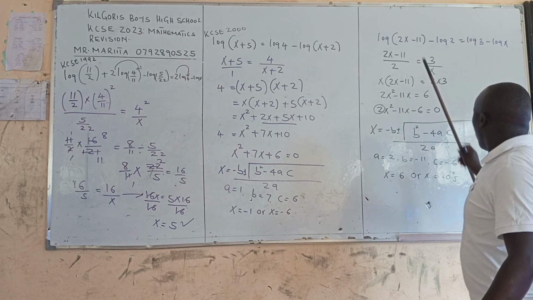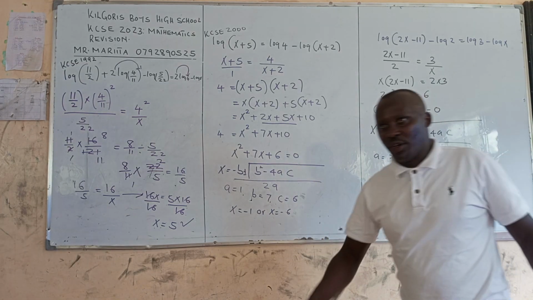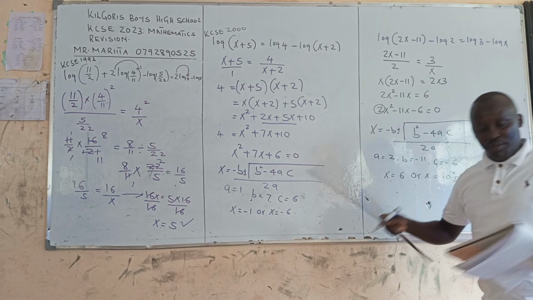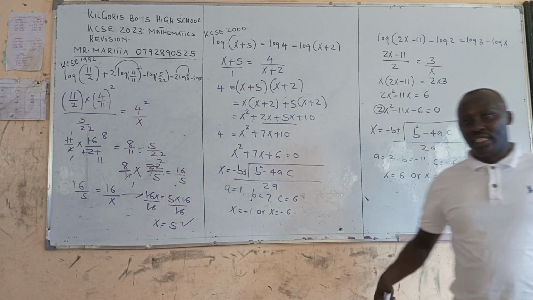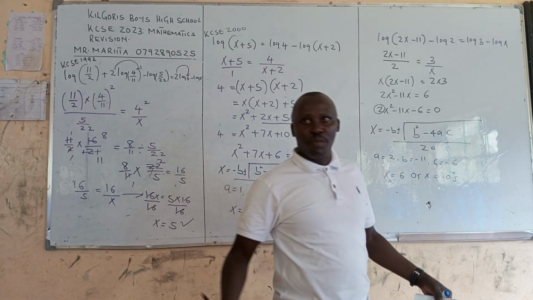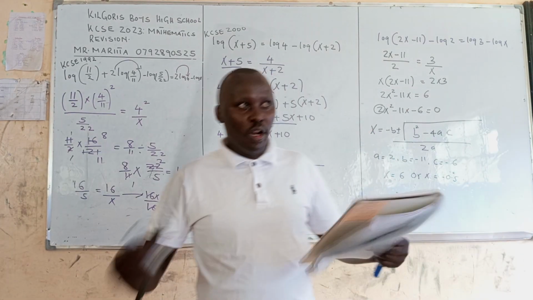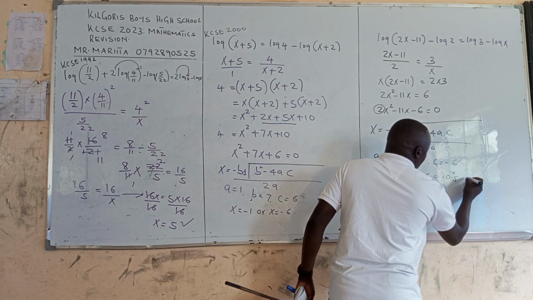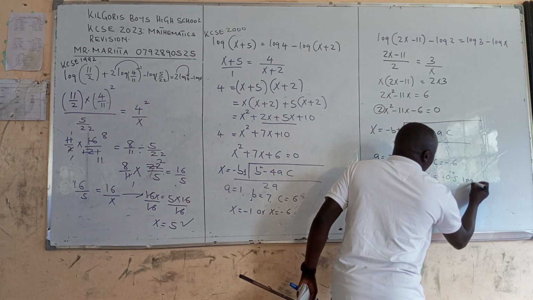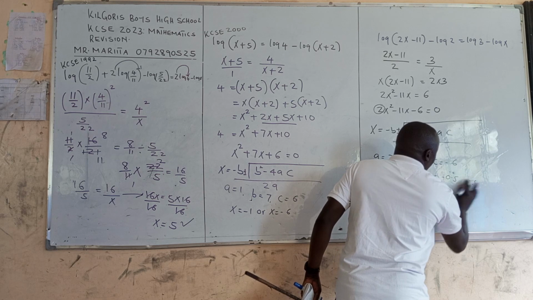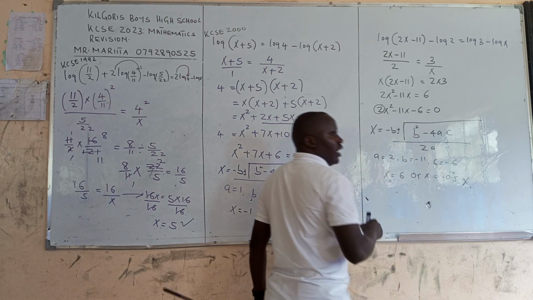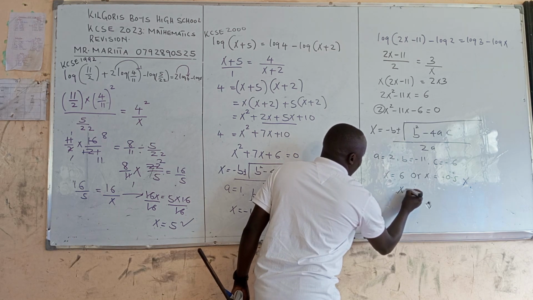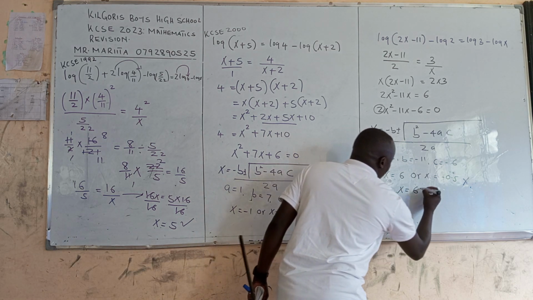If you substitute negative 0.5 where there is x, you will get that the right hand side will not be equivalent to the left hand side. In that case, negative 0.5 will not qualify to satisfy the equation. So this one is ignored. The value which satisfies the equation here is just x equal to 6.